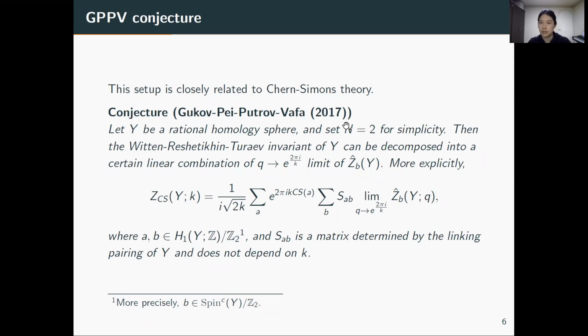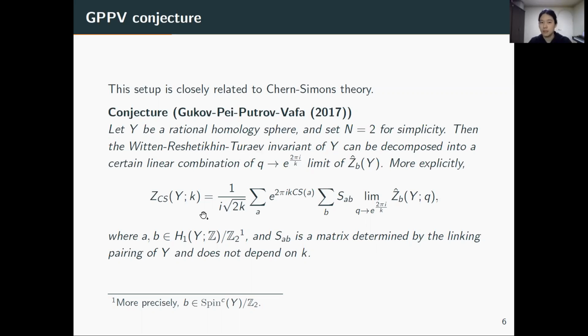And we also set N equals 2, so we're using, say, SU(2) as the gauge group. Then the Witten-Reshetikhin-Turaev invariant, or the Chern-Simons partition function of Y, say with level K, can be decomposed into a certain linear combination of the q going to e to the 2 pi i over K limit of Z hat.